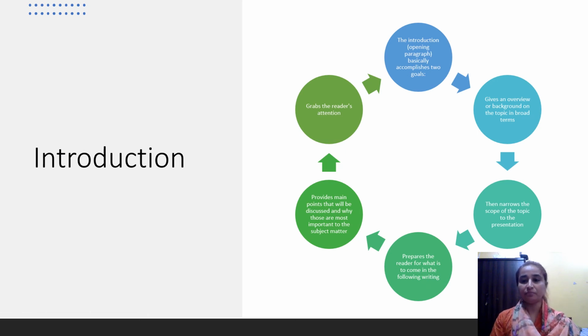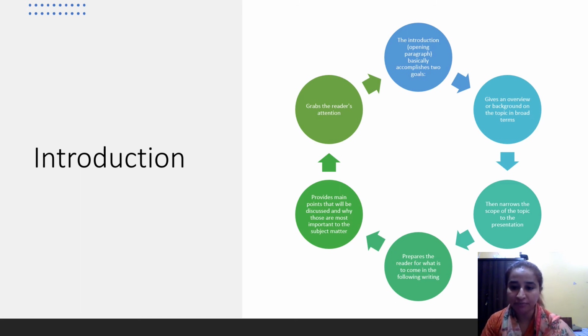Introduction. The introduction, the opening paragraph, basically accomplishes two goals: it gives an overview or background of the topic in broad terms, then narrows the key scope of the topic to the presentation.